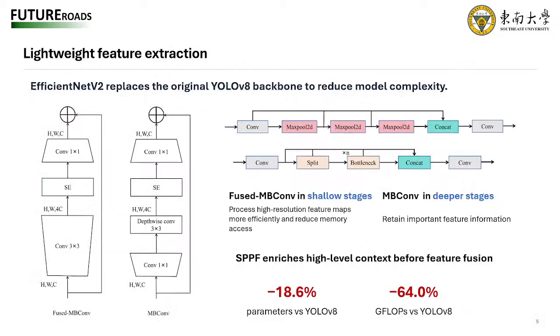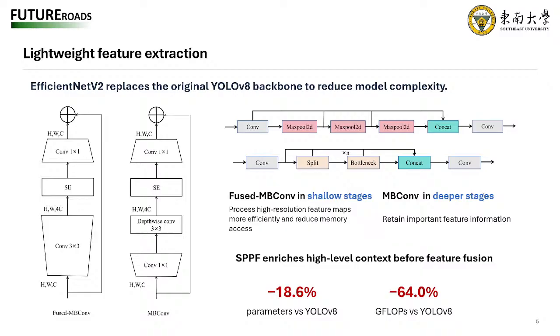More specifically, we use EfficientNetV2 to replace the original YOLOv8 backbone to reduce the model complexity. In the shallow layers and the deeper layers, we use different convolutions, including MBConv.